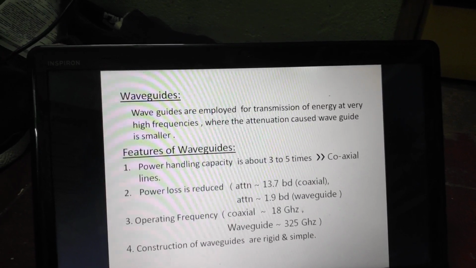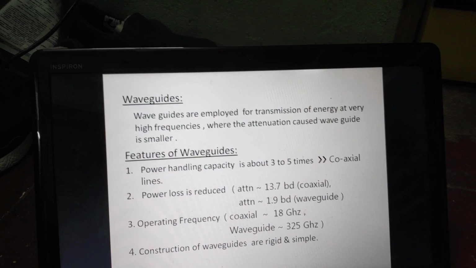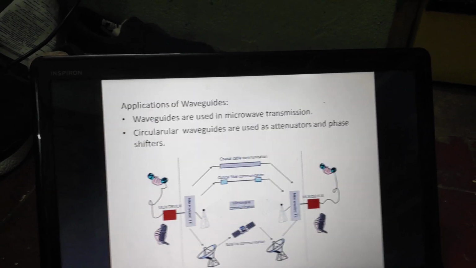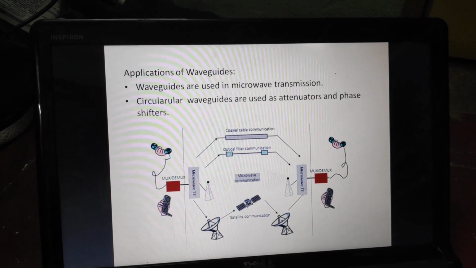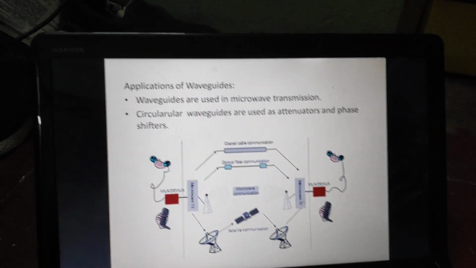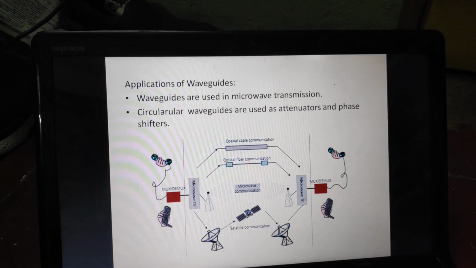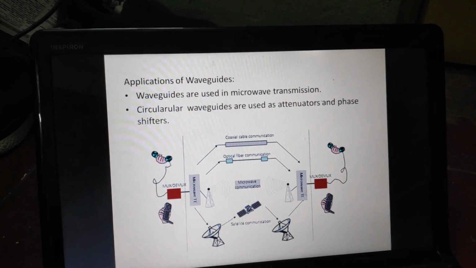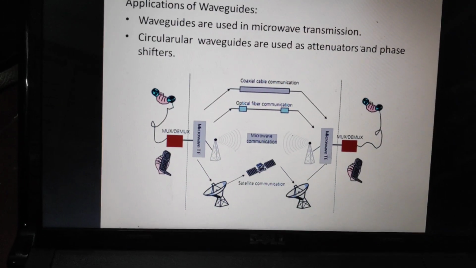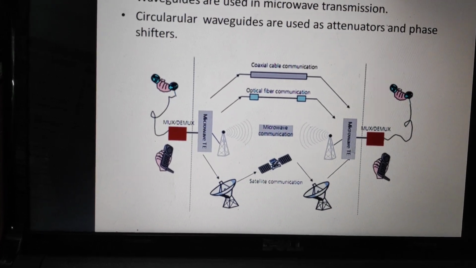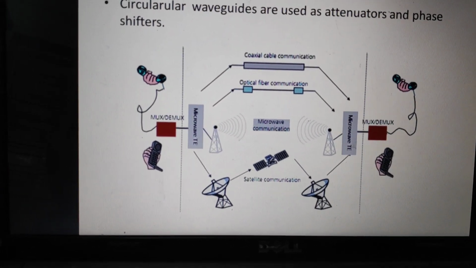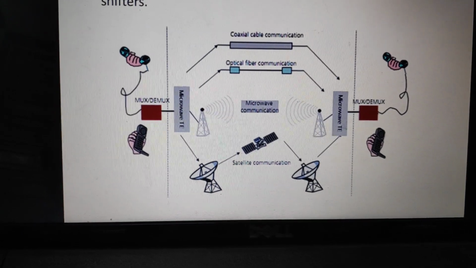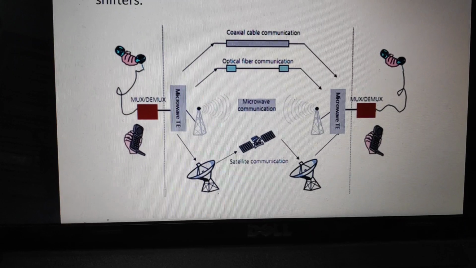The construction of a waveguide is very simple and it is very rigid. Now let us see some of the applications of a waveguide. Waveguides are used in microwave transmission, and circular waveguides are also used as attenuators and phase shifters. Waveguides are used in telephone transmission, where voice signals need to be transmitted from one point of the earth to another.